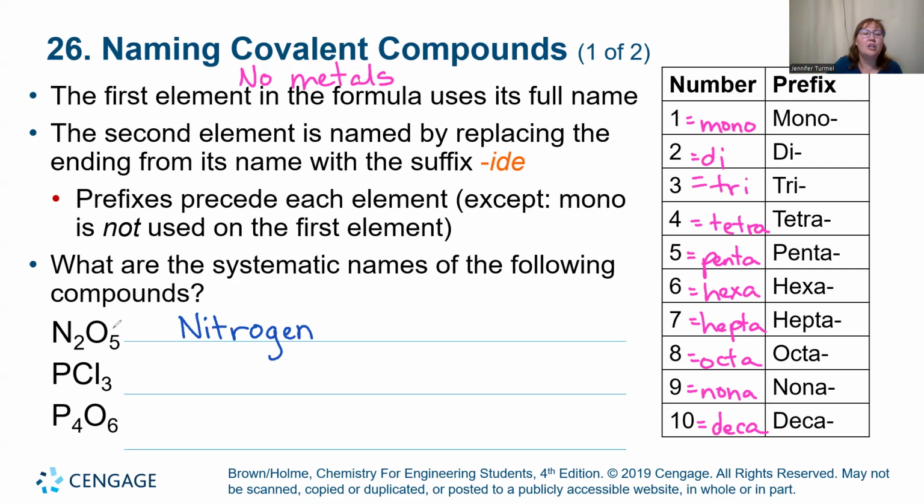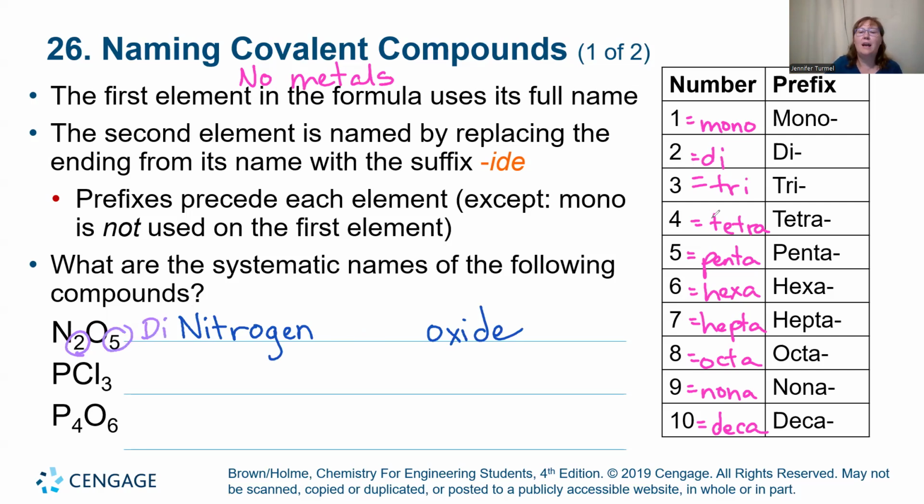And then oxygen becomes oxide. I'm going to leave a big space here and you'll see why in a minute. Nitrogen and oxide. Now we have this two here, and two over here is di. So this becomes dinitrogen.